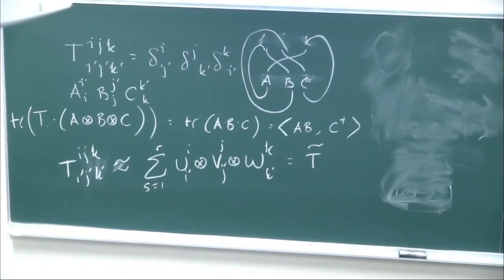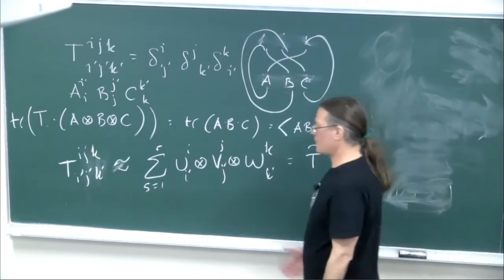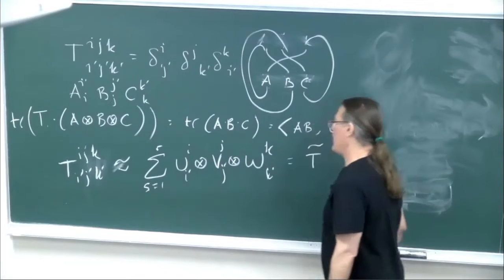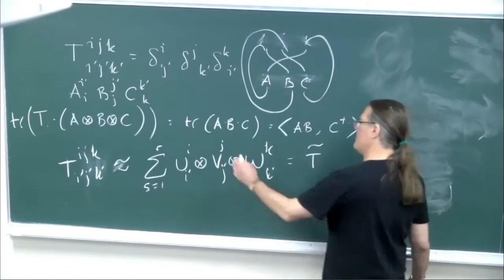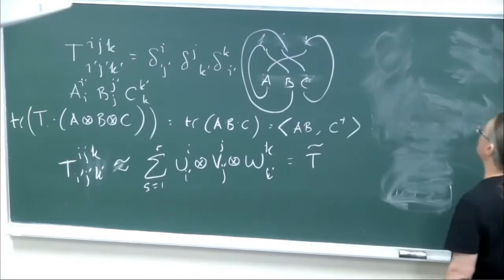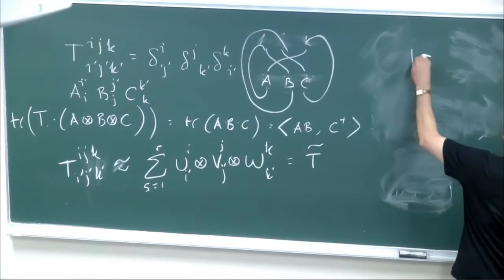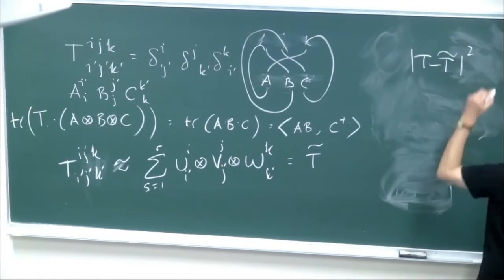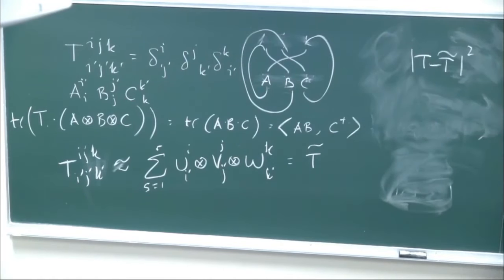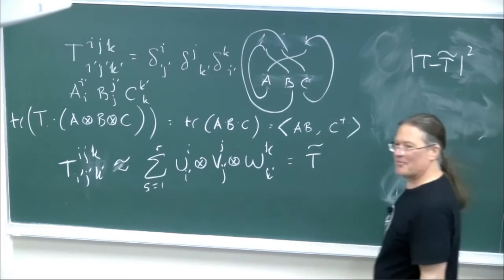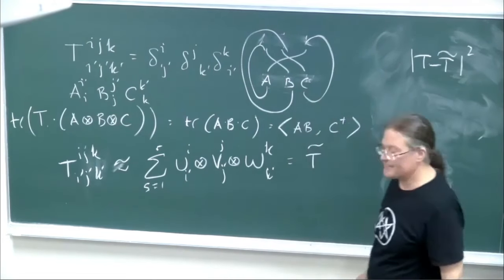So the goal now is let's choose a target rank, and then as a function of these three matrices, let's try to minimize the L2 distance between t and t twiddle, just the sum of the squares of the differences in all their entries. And of course, if we get this down to 0, or maybe 10 to the minus 30th on our computer, then we'll think that we have found a good decomposition.